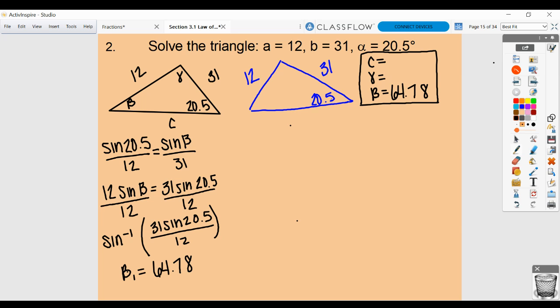To figure out what this beta 2 is, you have to take 180 minus that angle you just found. So that's 64.78. And you get 115.22.